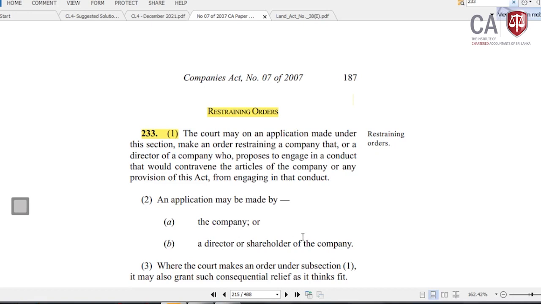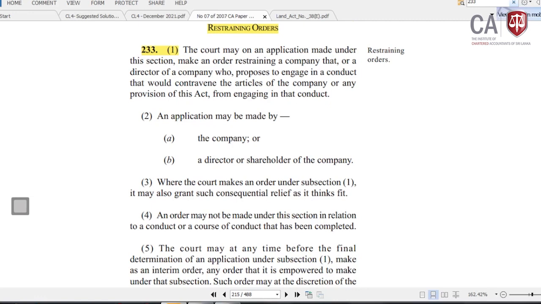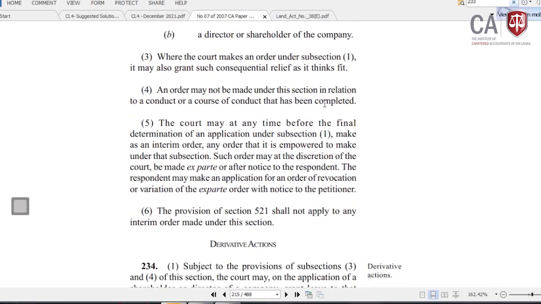So here a shareholder wants to obtain a restraining order. Yes, he is permitted to do so under section 233 subsection 2. Accordingly, he can make an application to court to obtain a restraining order to prevent the director from engaging in this activity which will be in violation of the articles of the company, the constitution of the company. So this acts as a final order.